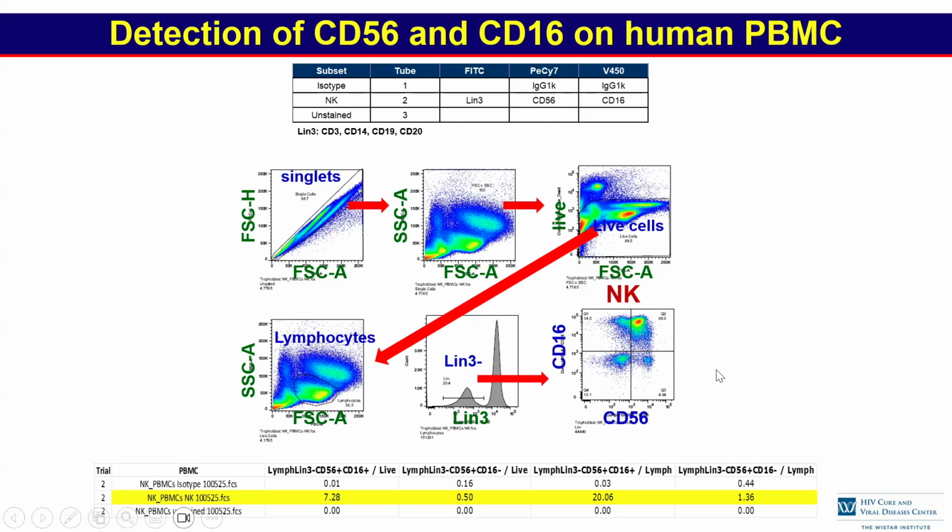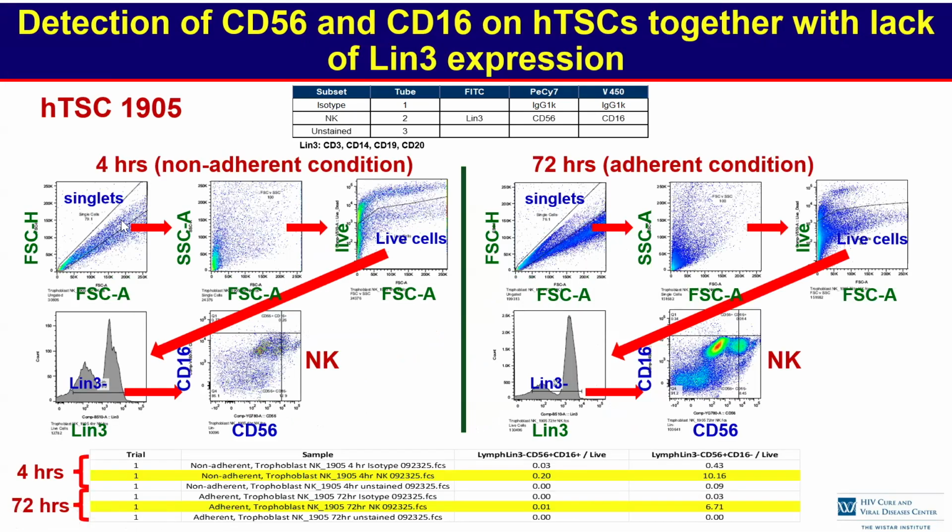So we want to see if this staining with these markers, using CD56 in PE-Cy7 and CD16 in BV650, is replicated on trophoblast cells. We use LIN3 again, and here again we gate on the live cells. This is one cell line, 4 hours non-adherent and 72 hours under adherent conditions. There is not much difference.